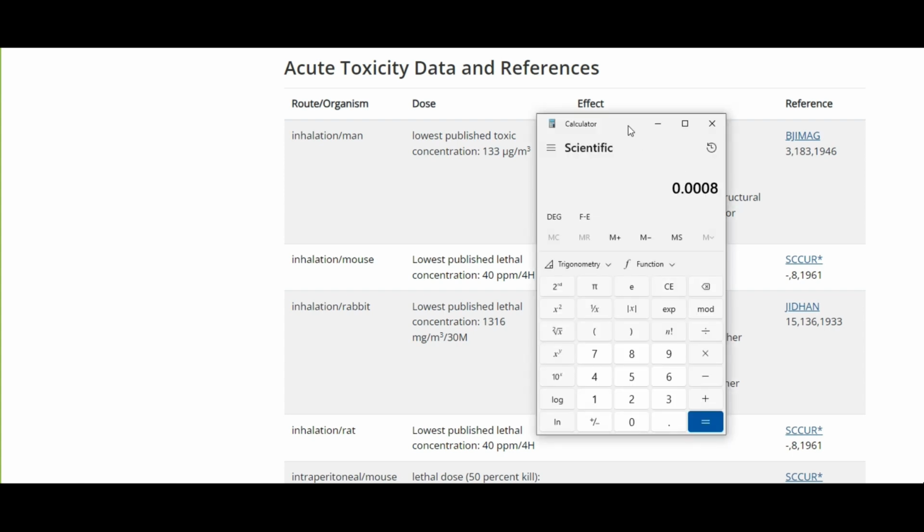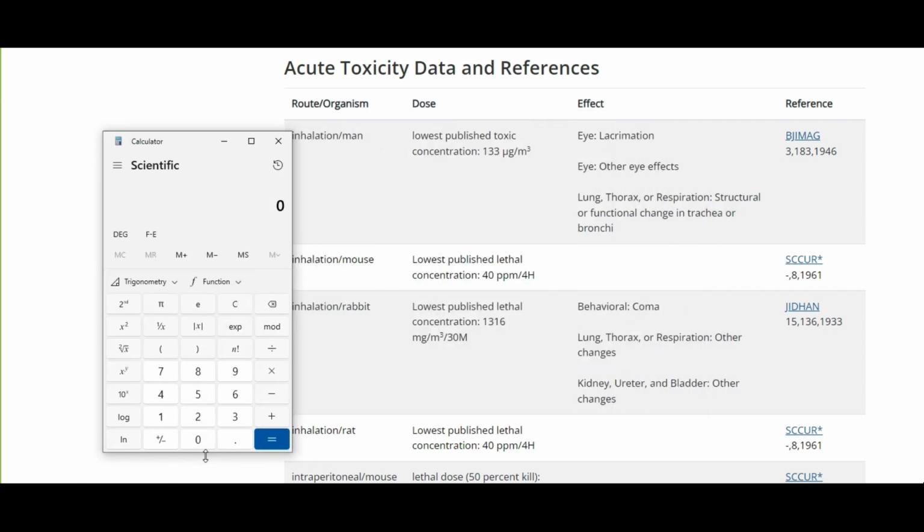So let us start doing some calculations. Let's just assume it was 1 microgram a day. Or, I'm sorry, no, 0.1 micrograms per day. Okay, so 0.0001 milligrams a day.